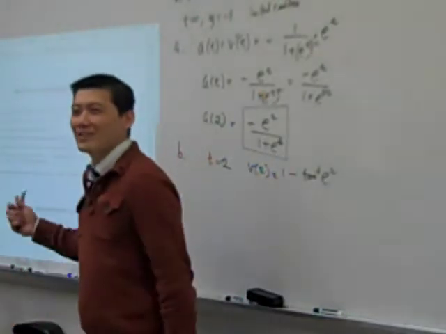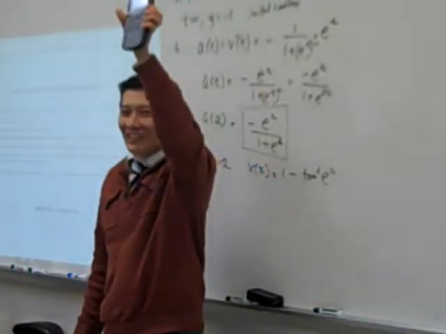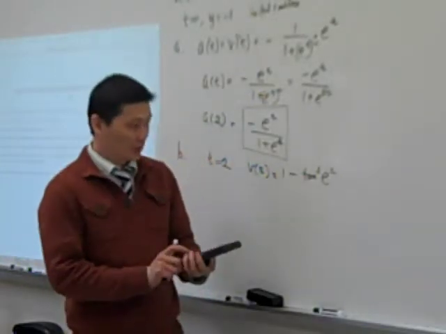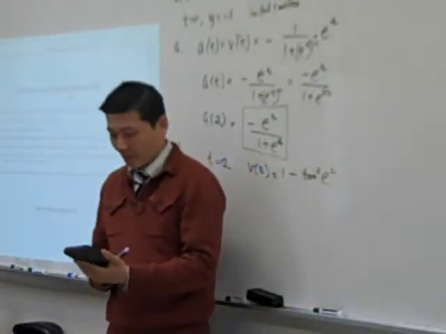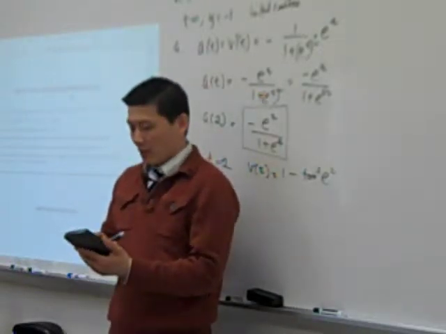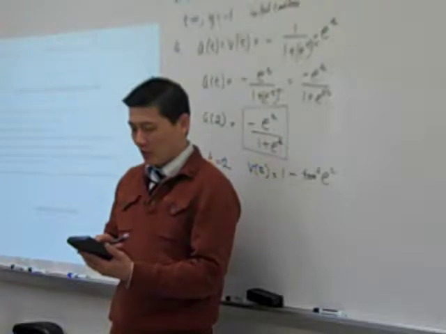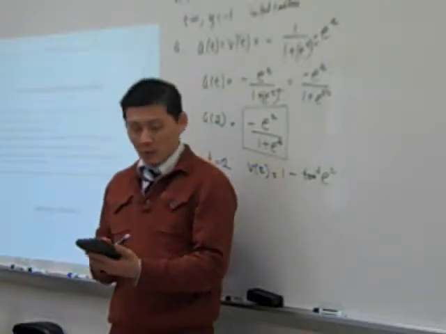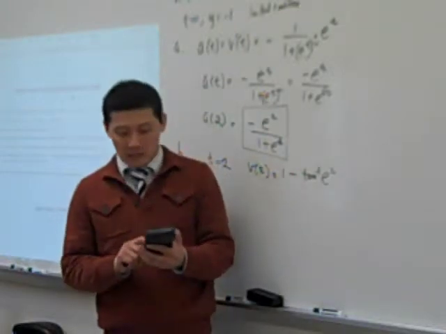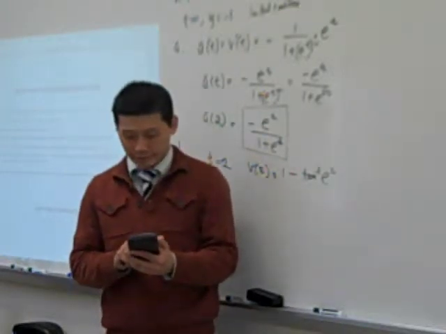This is number 3, that means we can use a calculator. So I will go ahead and use my calculator, making sure everything is in radian mode. I say 1 minus inverse tangent e squared.